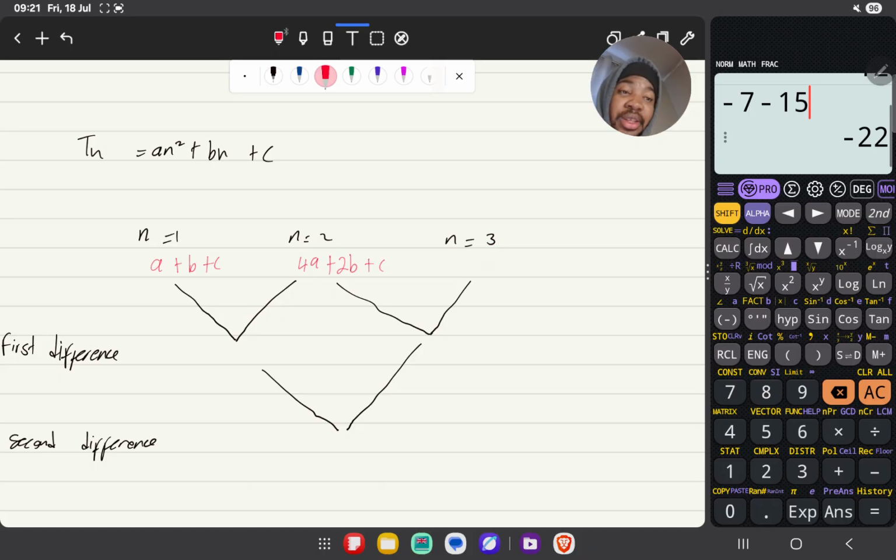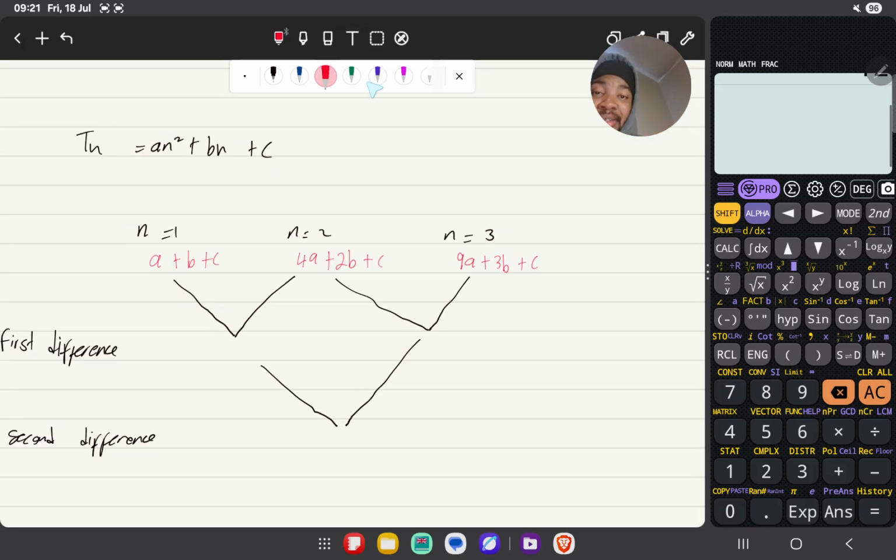All right, let me substitute the third one. We're going to have 3 squared, that is 9. So you have 9a plus 3b plus c. All right, something cool.